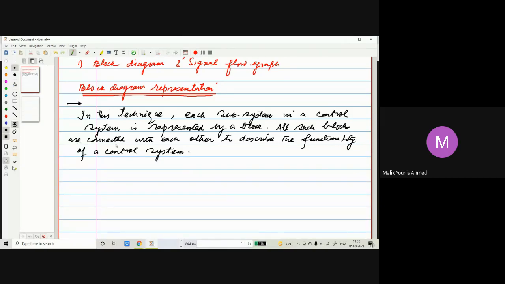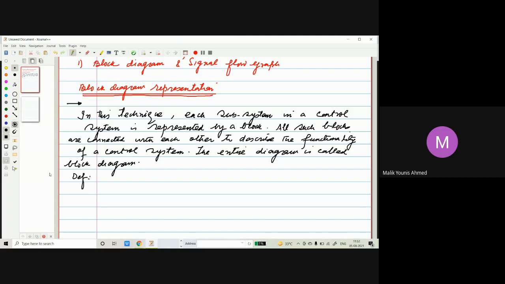The entire diagram is called a block diagram. So a very simple definition. Then if we want to describe it more precisely, what does a block diagram consist of?